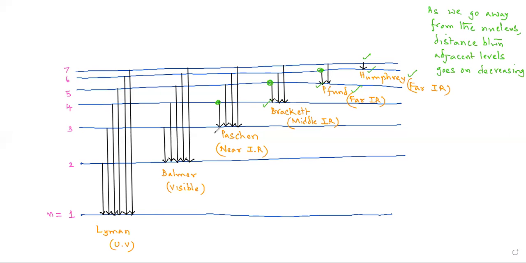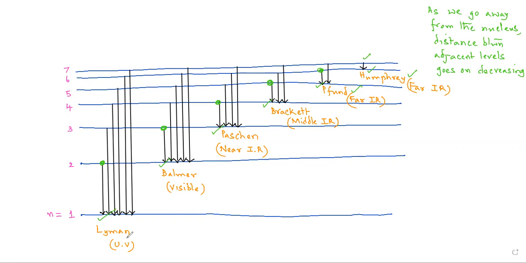From fourth, it may go down to third orbit. Then you get a line in Paschen series. Then from third to the second orbit, you get a line in Balmer. After that, from second to first, you get a line in Lyman series. So this is how it may occur in steps also.